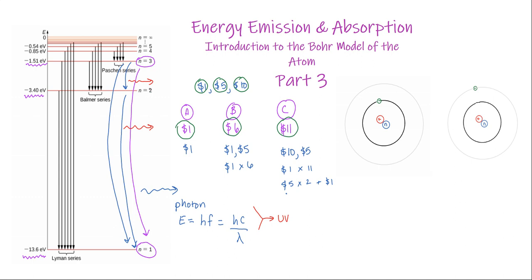But if you're falling between n equals 3 and 2, you might actually be able to see it, in the visible part of the electromagnetic spectrum. In fact, the n equals 1 level was only measured after some of the other ones, because detecting UV rays was a lot more complex than just seeing them visibly. So let's figure out how to calculate the energy of the photon.